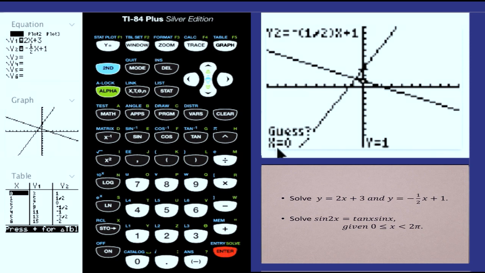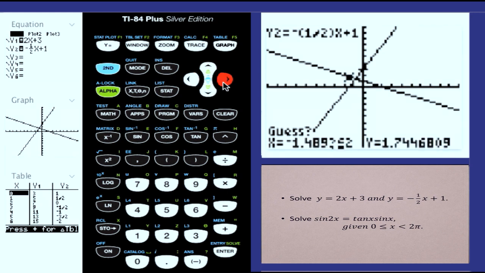The third question is always guess. This is just a programming issue with the calculator. You need to help the calculator hone in on the point that you think is the intersection point. So I'm going to scroll to the left. I'm going to scroll past it just so that you can see the cursor. You see the cursor is following one of the equations. See it blinking. You want to put that blinking cursor on the intersection point, or at least near to the intersection point.